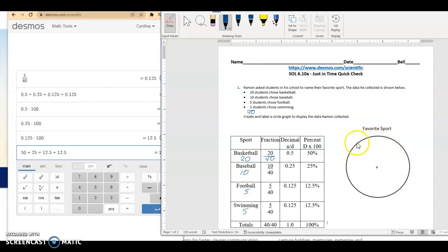And then I'm going to make my circle graph. So 50%, if I were to put that in a fraction, that's going to be half. So I'm going to draw a straight line down the middle. I'm going to label it 50%. And I'm going to put basketball.